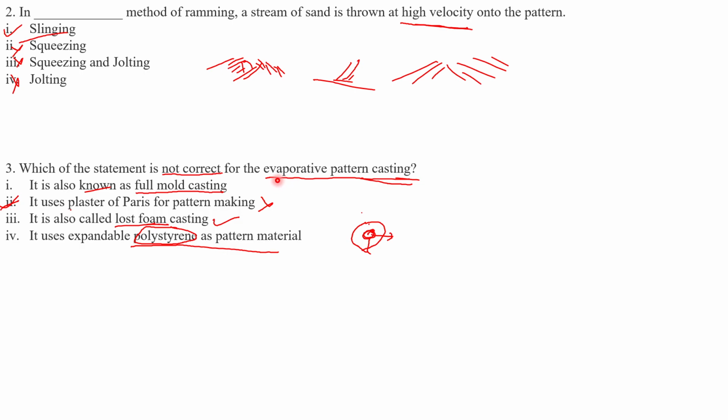The molten metal will take the cavity of that pattern, and the pattern material will get evaporated from that casting. So we cannot use plaster of Paris for making the pattern, because it will not evaporate during the molten metal pouring, because plaster of Paris has an evaporation temperature of around 1900 or 2000 degrees Celsius. So it will not evaporate, and it will ruin your casting.